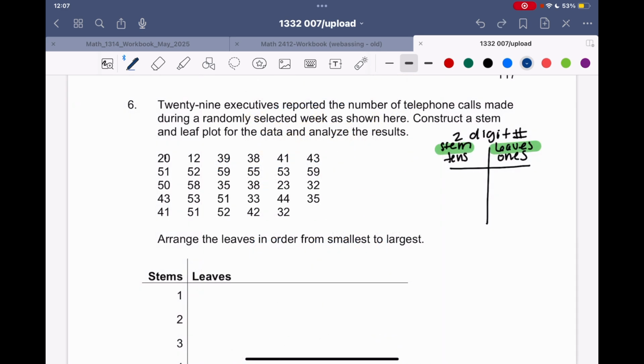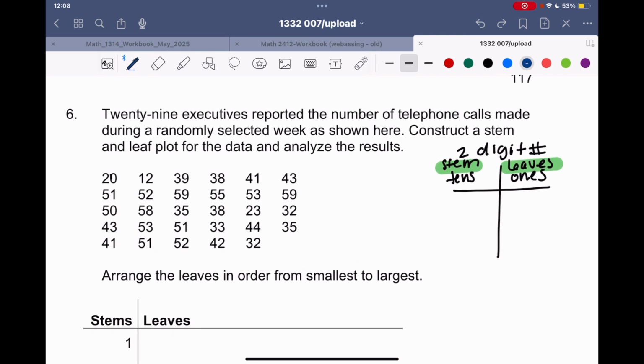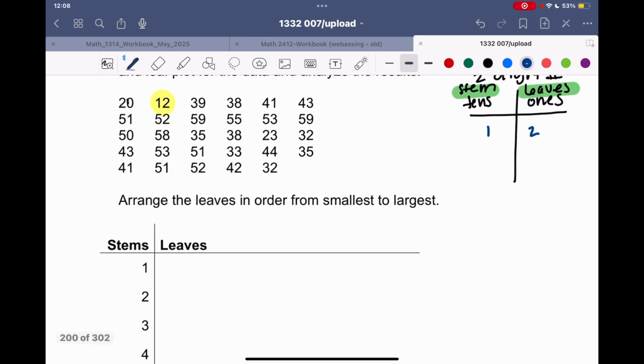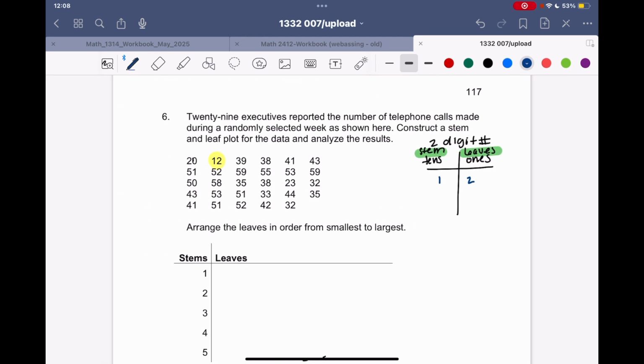Calls made during a randomly selected week as shown here. Construct a stem and leaf plot for the data and analyze the results. So when you have the 12, here's what you're going to do. This is the ones place and that's the tens place. And then we're going to put them in order. So the leaf is 2 for the 12, because it already counts for the ones place here.